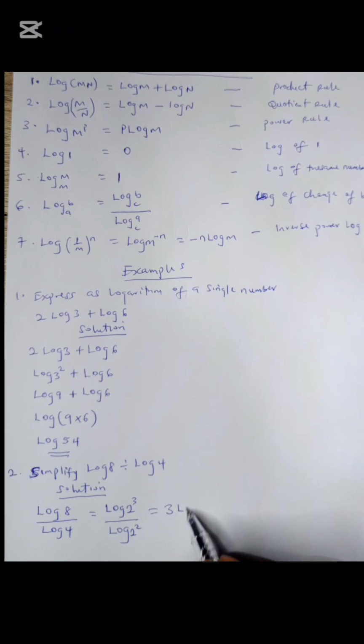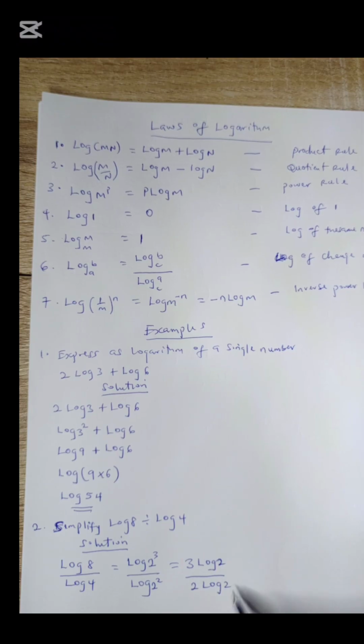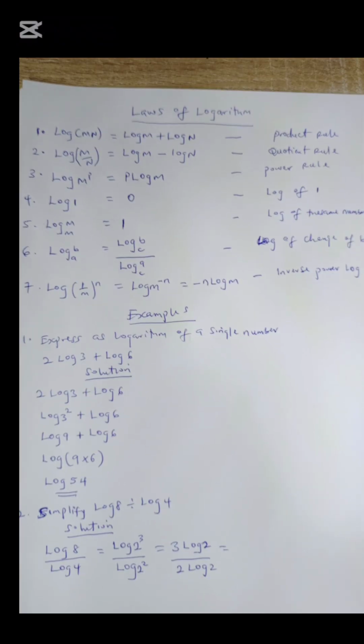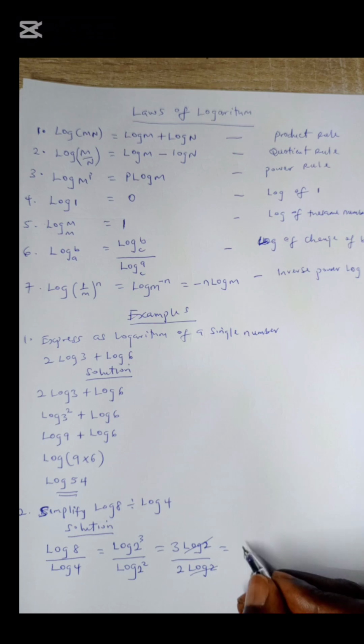That is 3 log 2 over 2 log 2. Anytime in mathematics you come across something like this, 3 log 2 and 2 log 2, they are the same, so you can cancel. 2 log 2 will cancel log 2, and that will now be 3 over 2.